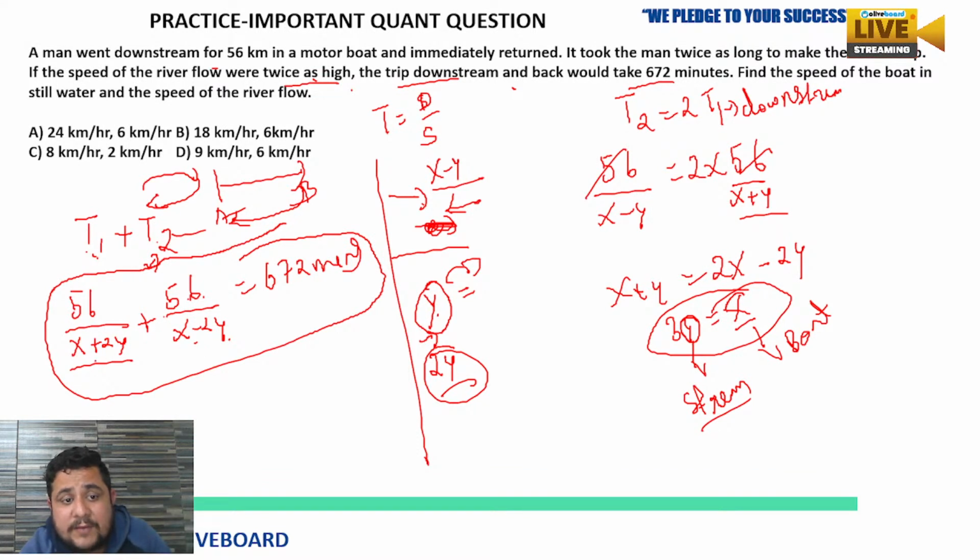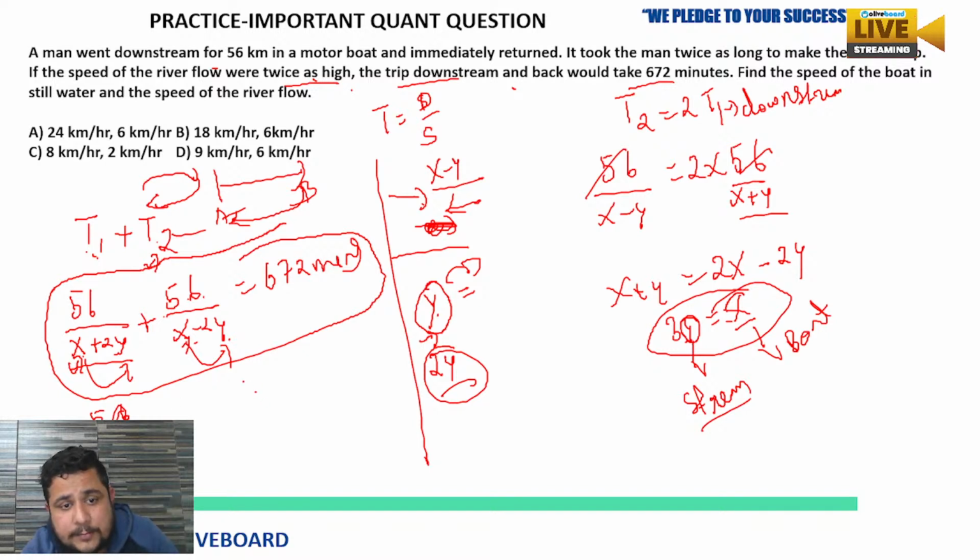Now what do we have? Two values, x plus 2y, means x and y both are unknown. But we know the relation, right? 3y is equal to x. So we can put 3y instead of x here, or not? So 56 upon 3y plus 2y, means 5y.